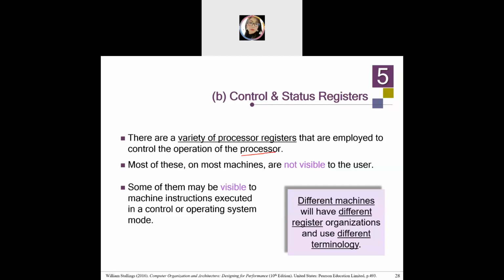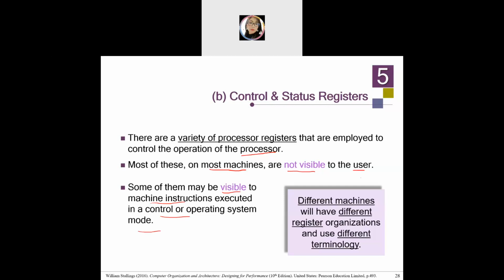Okay, you can see also that most of these on most machines are not visible. Just now also we know, okay, it is not visible to the user. Some of them may be visible to machine instructions executed in control or operating system mode.